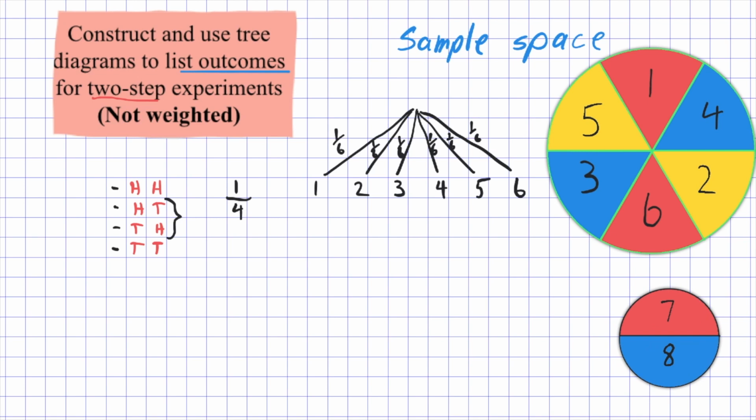Well, from 1, we have 2 options. We've got 7 and we've got 8. Here we've also got 7 and 8, and it's going to continue for every single possible outcome.